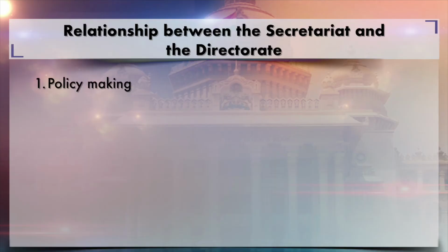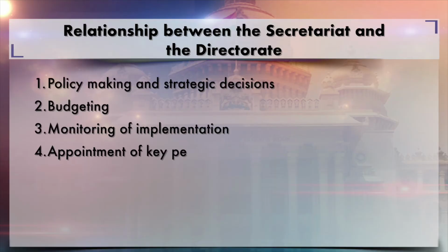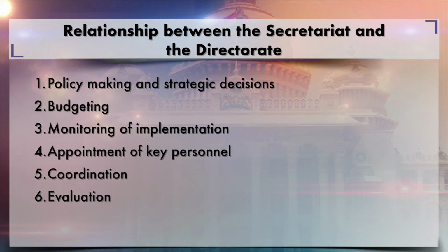The Commission is of the view that certain principles need to be followed to stipulate that ministries should concentrate on the following: number 1, policy making and strategic decisions; number 2, budgeting; number 3, monitoring of implementation; number 4, appointment of key personnel; number 5, coordination; number 6, evaluation.